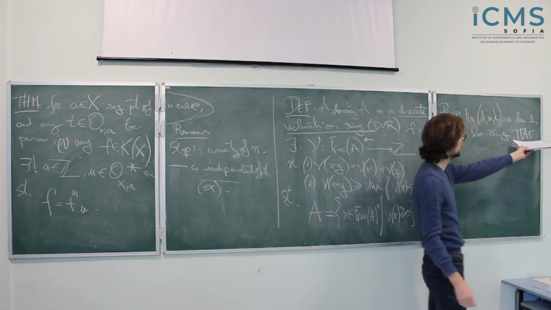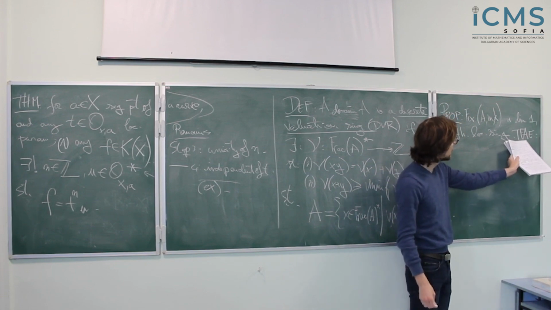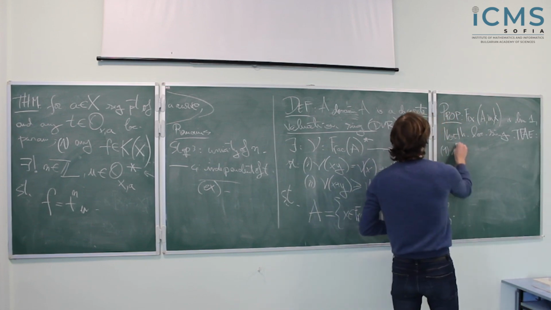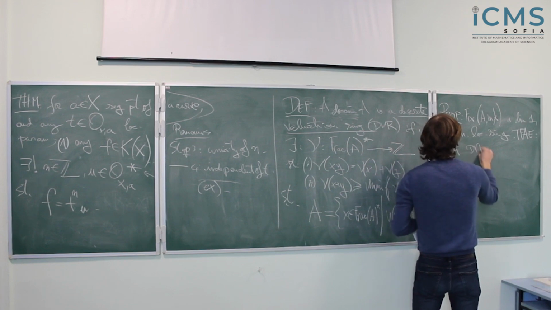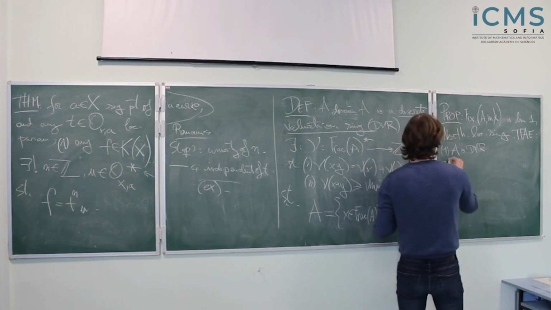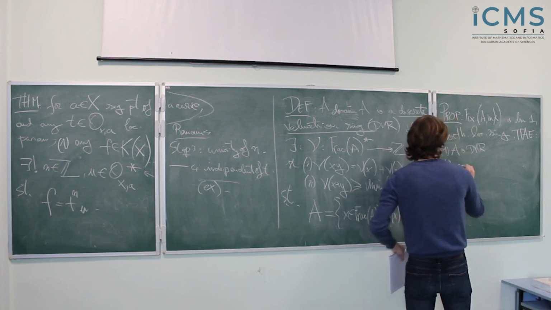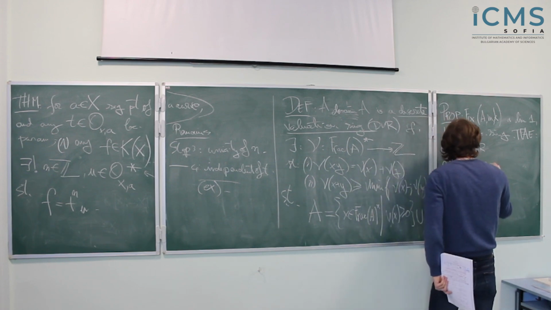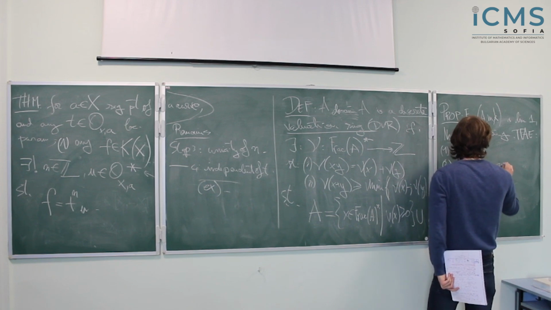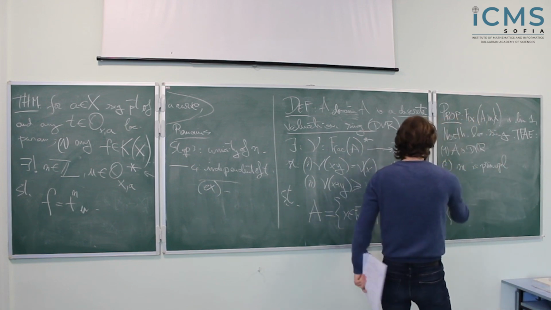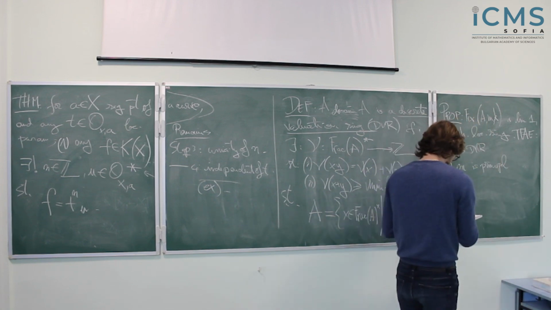This is just an abbreviation for the following are equivalent. To go faster, A is a discrete valuation ring if and only if M, the maximal ideal, is principal. Which is a very easy way.